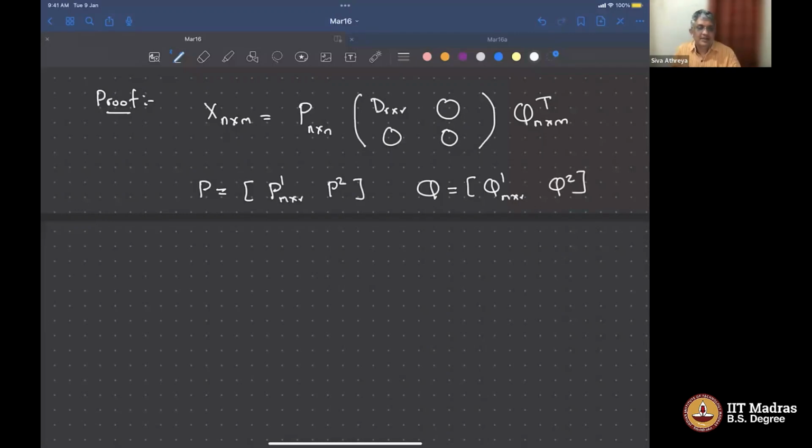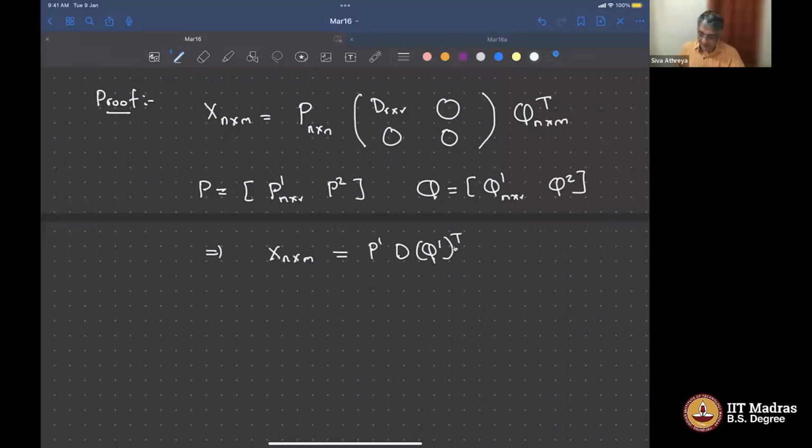Then I immediately know that X is just P1 D Q1 transpose. That's easy to see.